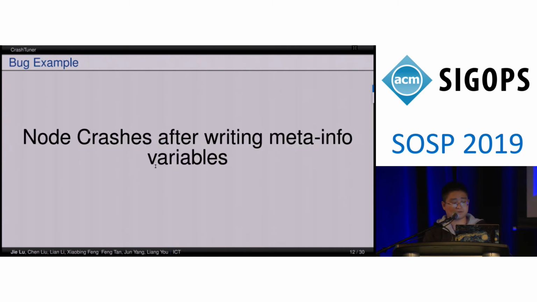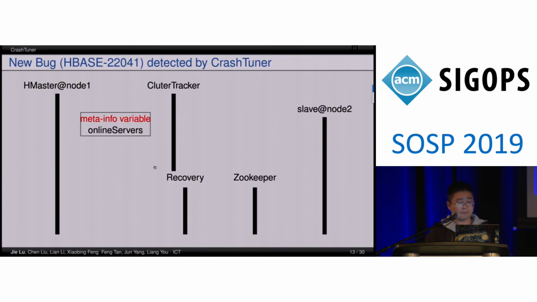Let's see another bug example, which will be triggered when a node crashes after writing meta-info variables. When a slave joins the cluster, the tracker will write it into the online service, which is a meta-info variable. The slave node also registers to ZooKeeper.